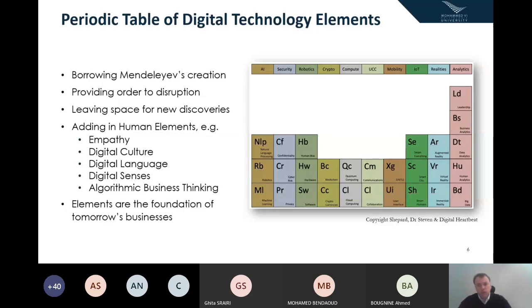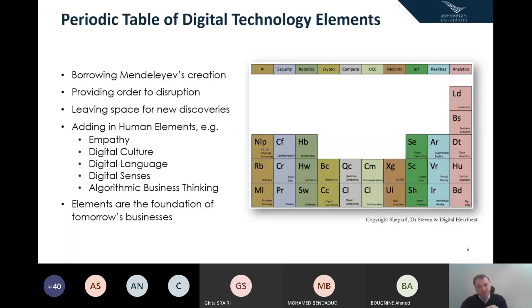As we move across the table, we encounter the periods of security, robotics, crypto, computation, unified communications, mobility, IoT, mixed realities, augmented and virtual, and then finally, taking up the position usually reserved for the noble gases, we see the period of analytics, where the elements enable us to create practical, useful ionic bonds with the data we're collecting as a result of our application of digital technologies.